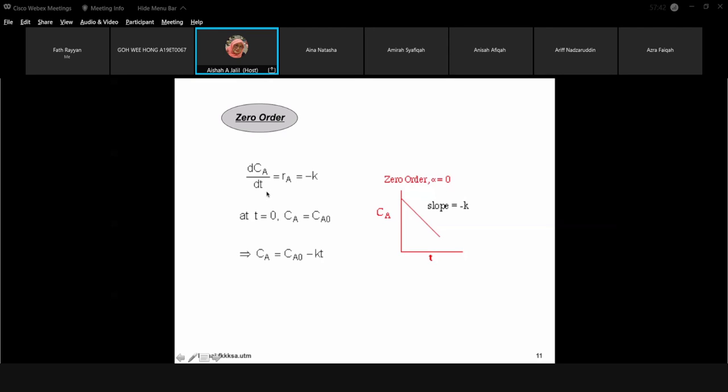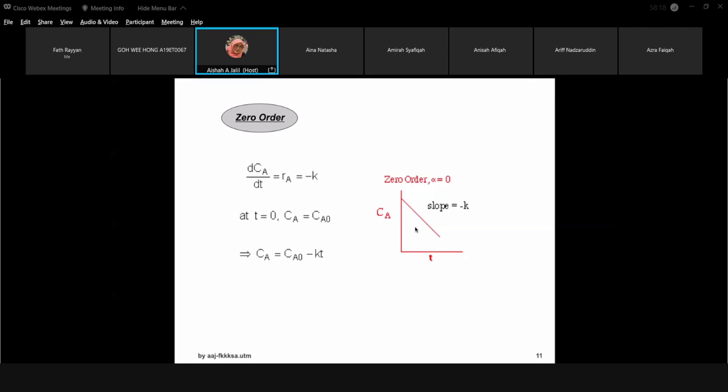Negative dCA over dt equals negative rA, no CA. Remember, dCA over dt equals rA. So you plot the graph. If you get a linear graph like this, it means the reaction is zero order.